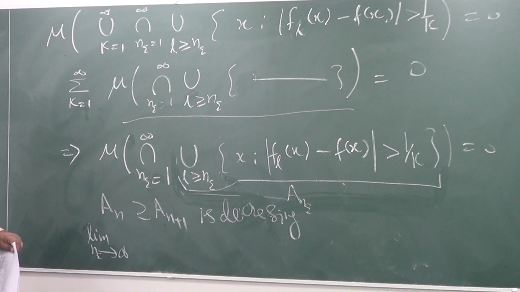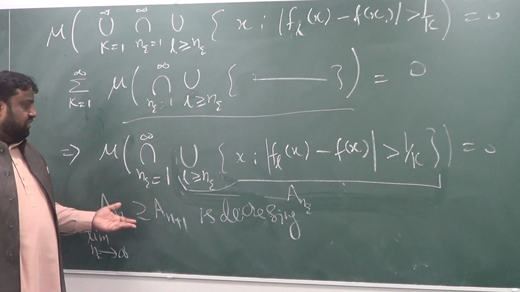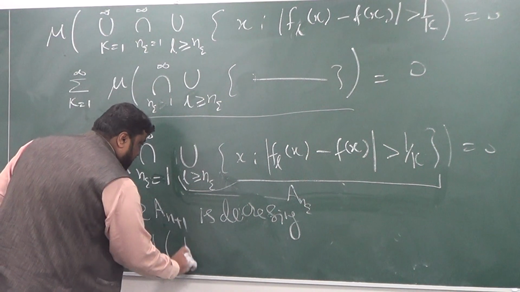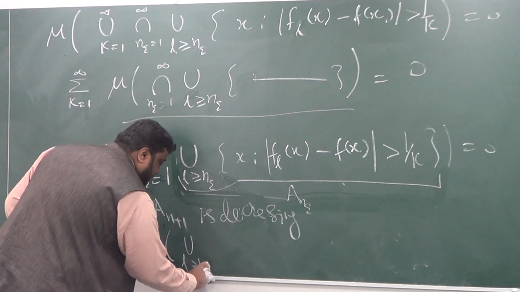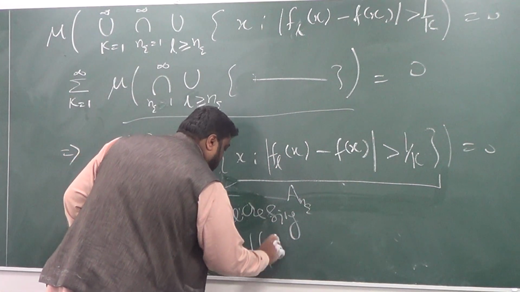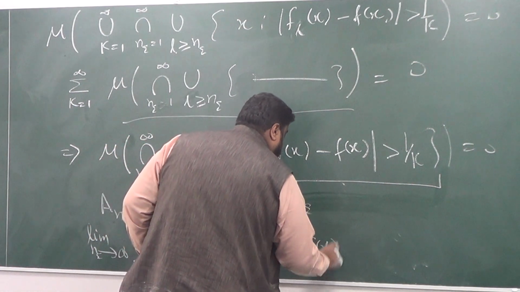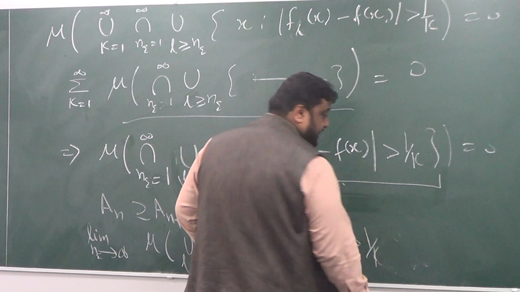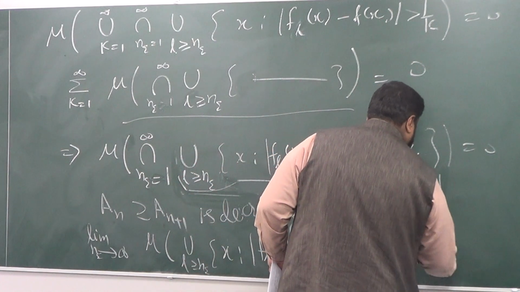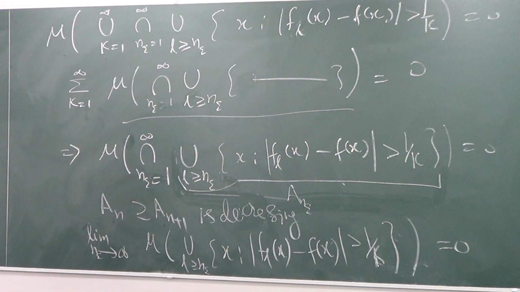By the continuity property, since I have a decreasing sequence, this would be equal to the measure of the union over L bigger than or equal to n epsilon of the set of x such that |f_L(x) minus f(x)| is bigger than 1 over k, which equals 0.